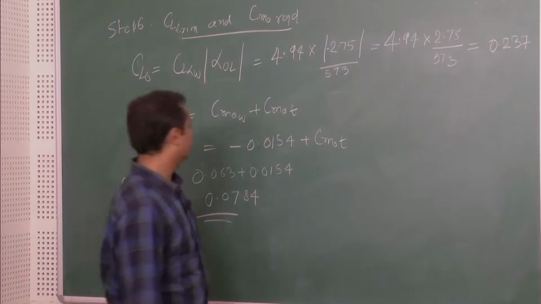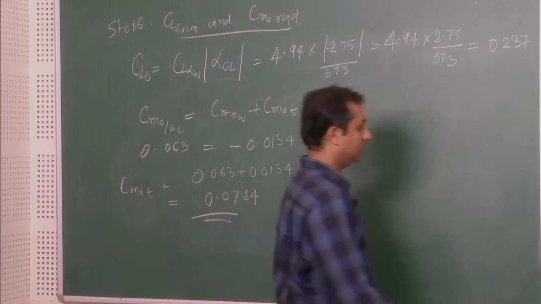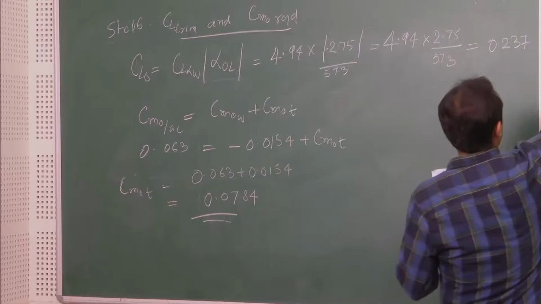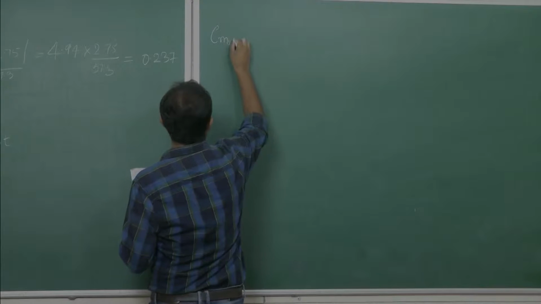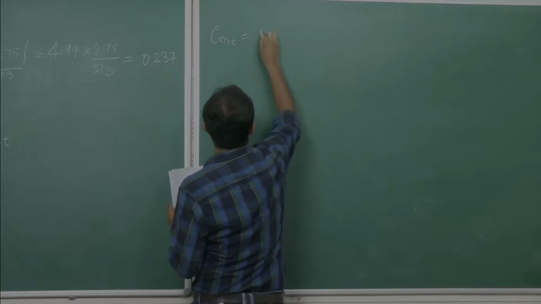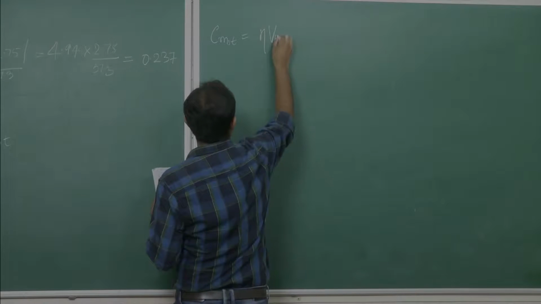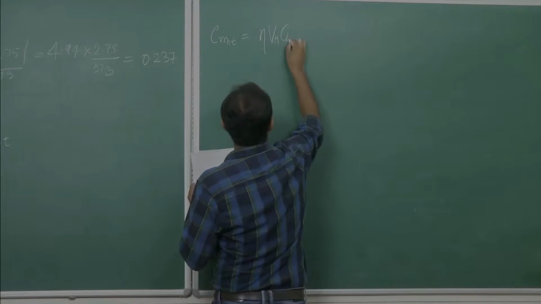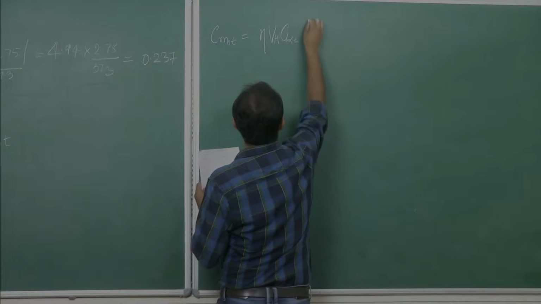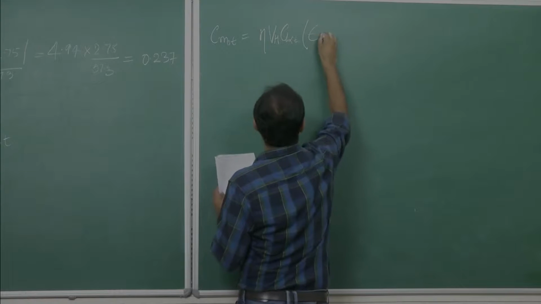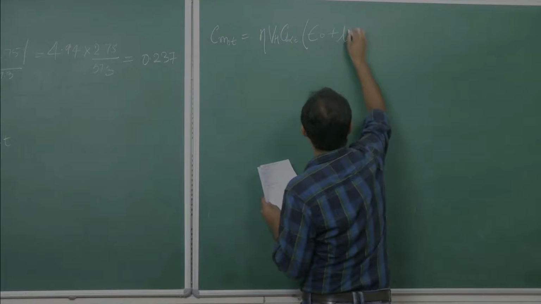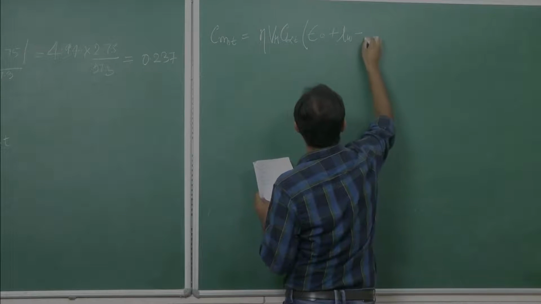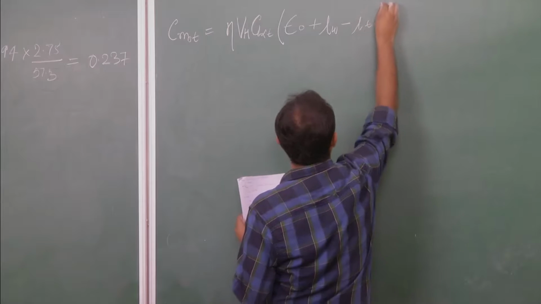We have already seen the formula for Cm naught of T. Cm naught of T is given as eta VH CL alpha T into epsilon naught plus incidence angle of wing minus incidence angle of tail.